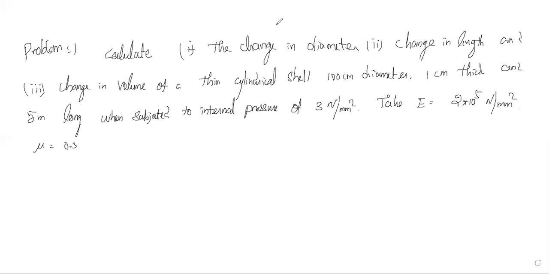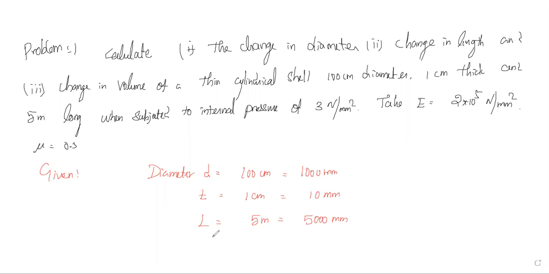Okay, now let us go for the given data. So given data: 100 centimeter in diameter, so diameter d is equal to 100 centimeter. I'm going to write in millimeters, so 1000 mm. The thickness t of the wall is equal to 1 centimeter, which is nothing but 10 mm. The length L is equal to 5 meter, which is nothing but 5000 mm.